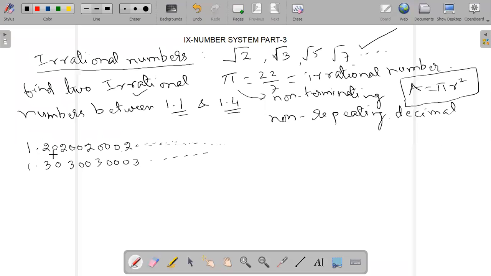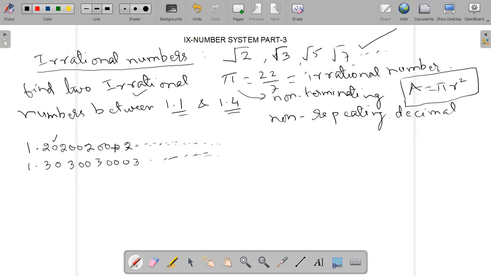So I have taken 1.2, then put 10, then 2, then 20, then 2, then 30. So every time you have to increase the number of zeros. And similarly here, 3 and 10, then 3, then 20, then 3, then 30, like this.